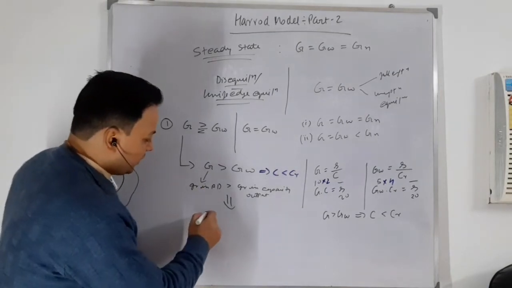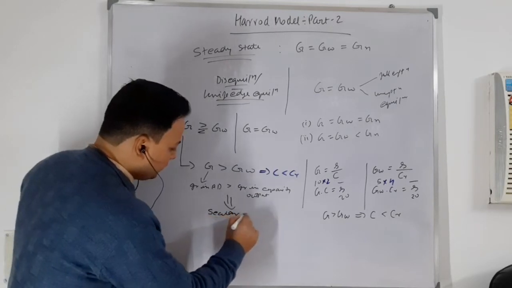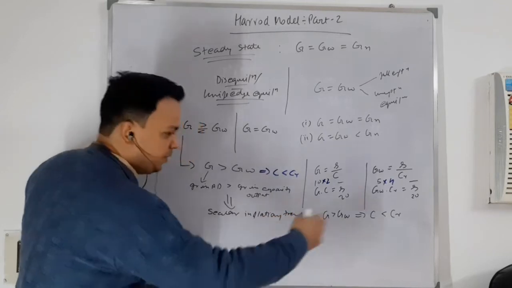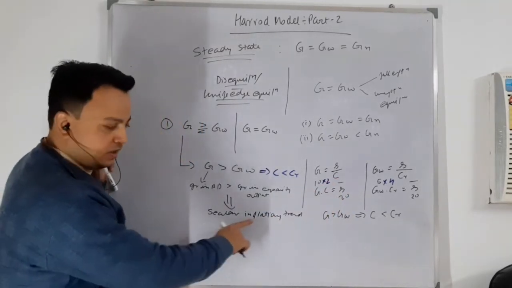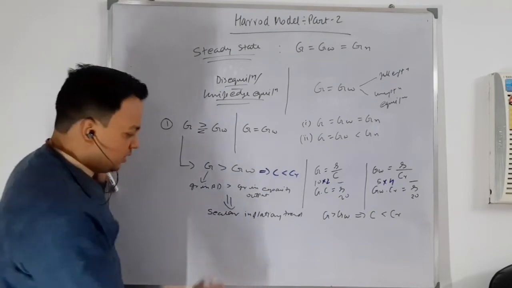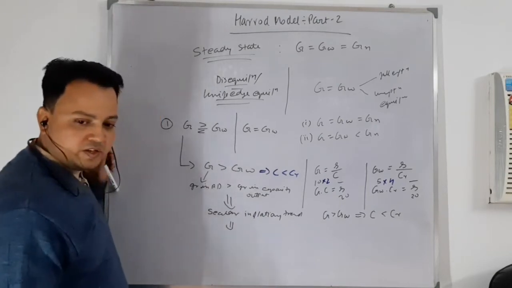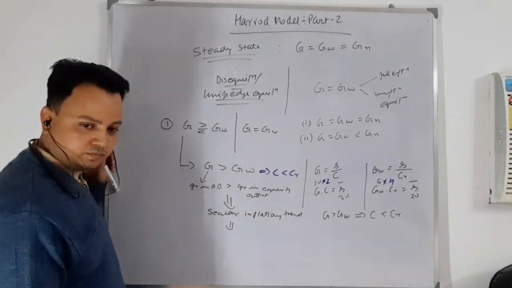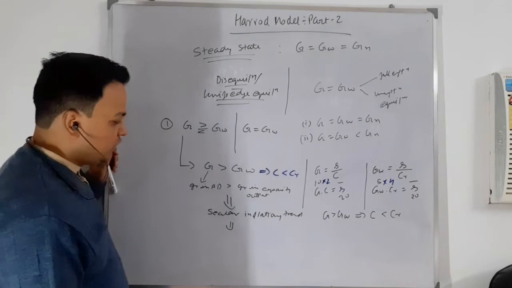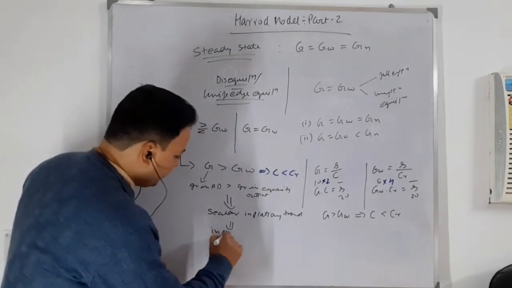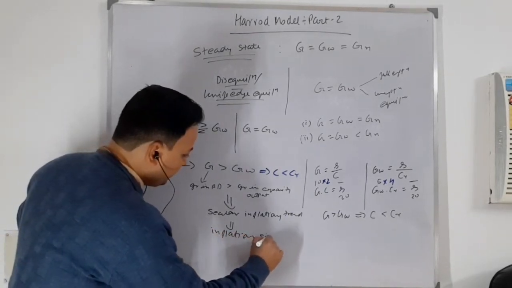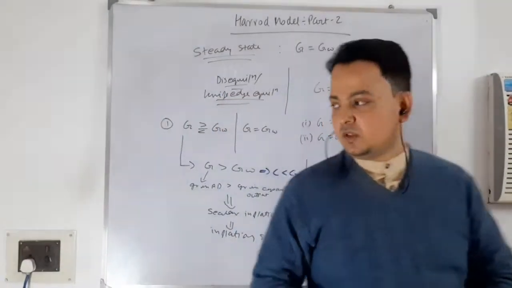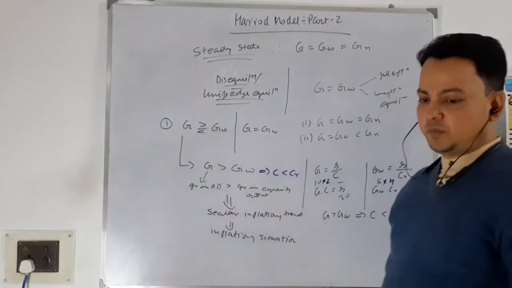So there will be a secular inflationary trend throughout the period. Secular means long term. So economy will be having inflationary pressure in every period, because economy is experiencing growth in demand more than growth in capacity output.